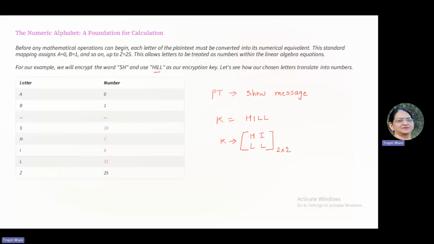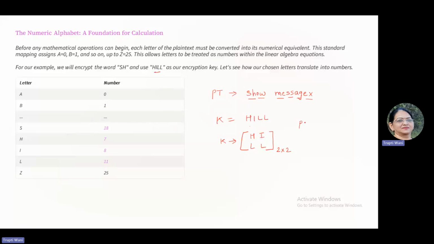As this is a 2 by 2 matrix, we have to divide the plain text also into pairs of two letters each. So these are the pairs. And in the last pair, you can see there is only one single letter, so you can attach an extra letter here, and this becomes our plain text.